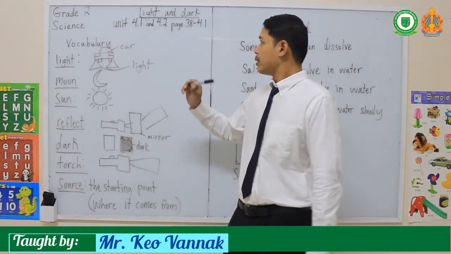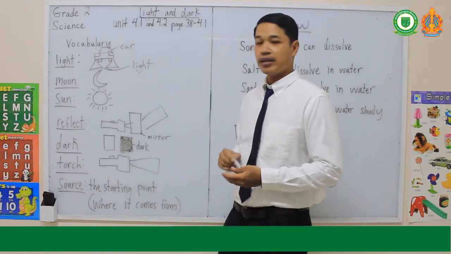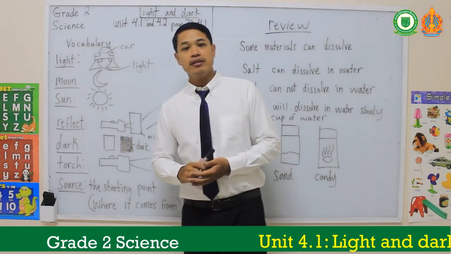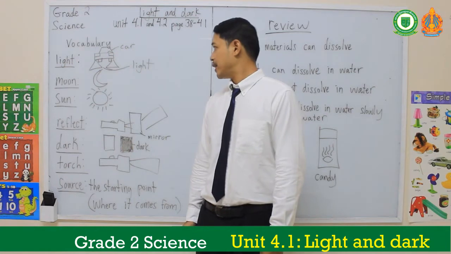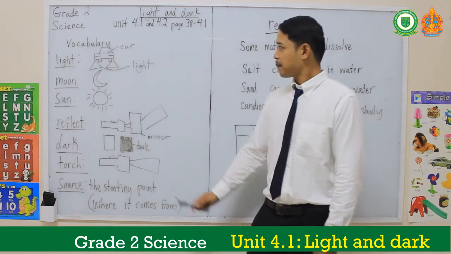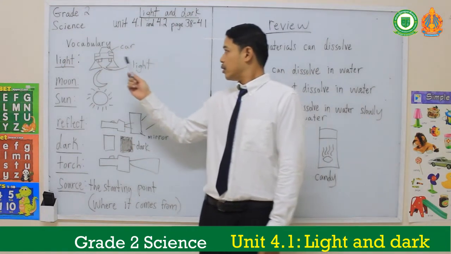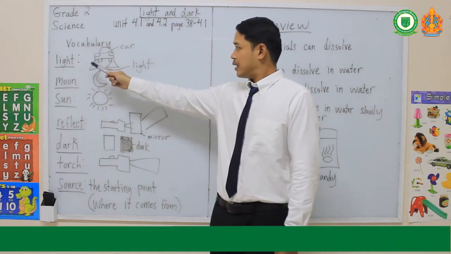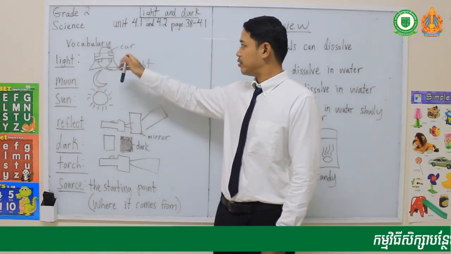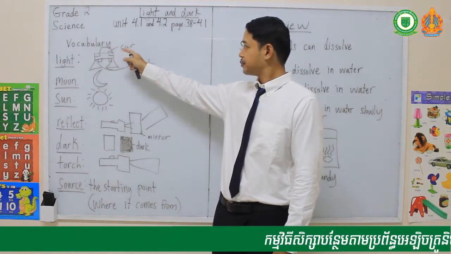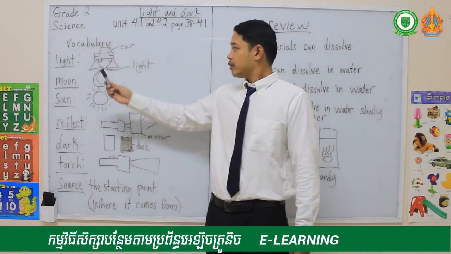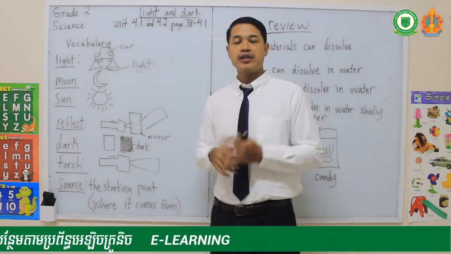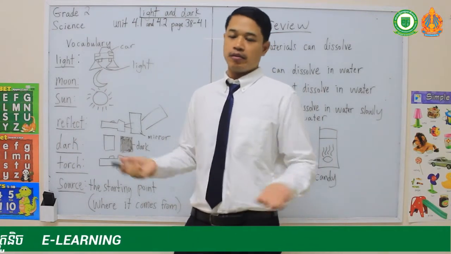Before we begin this lesson, I would like to review some vocabulary. You have light. This is a picture of a car, and you can see the light. I want you guys to repeat the word with me.